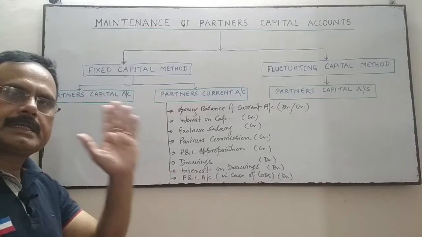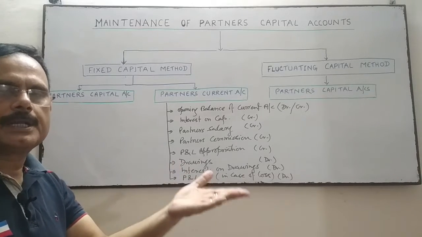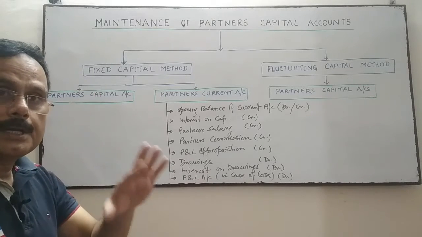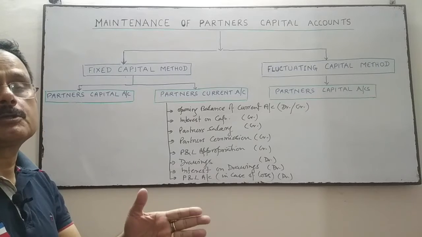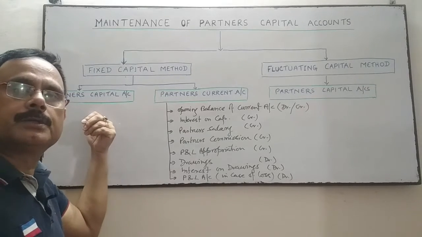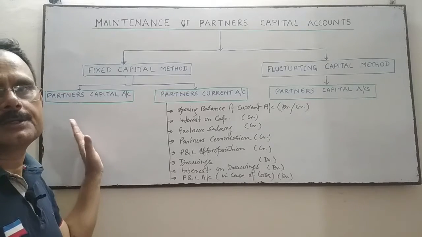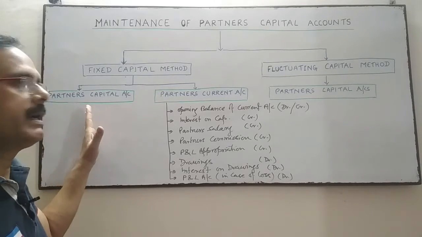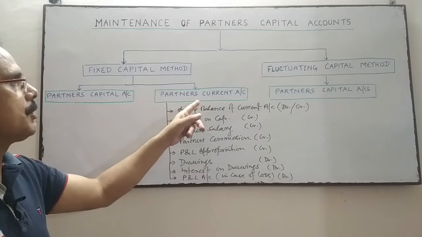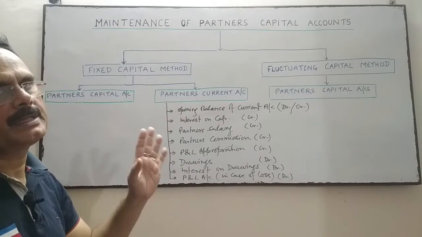Second, additional capital or further capital given by the partner will be transferred to this account. Capital withdrawn by the partner, which is also known as capital reduction, will be transferred to this account, and closing balance of capital. This capital account balance will always be the credit balance, but the current account balance may be the debit balance or the credit balance.